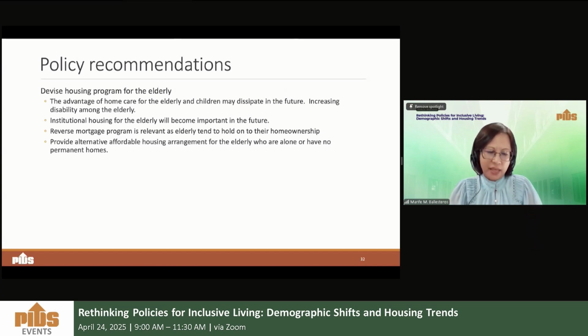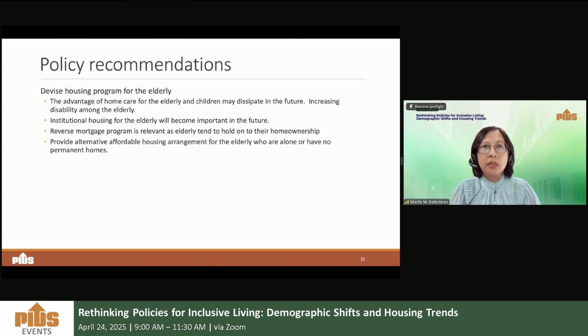But home-based and family-based housing for the elderly is going to become more difficult and challenging over time, in terms of habitability of housing, space sufficiency, the rising cost of housing, and, of course, the lesser activities of the working population.